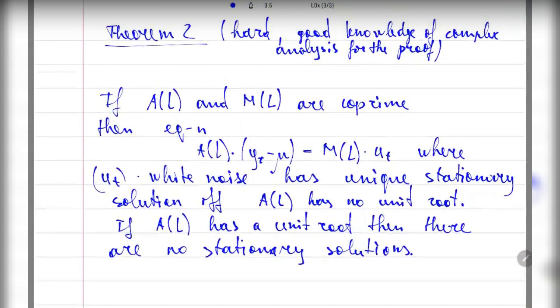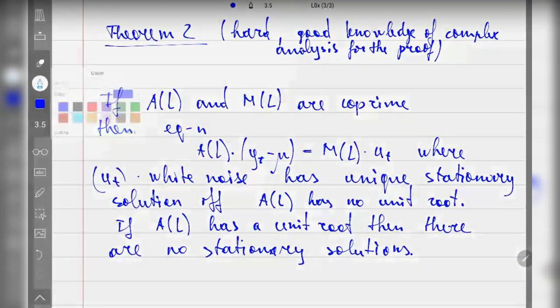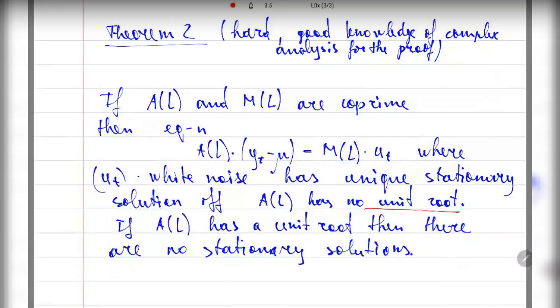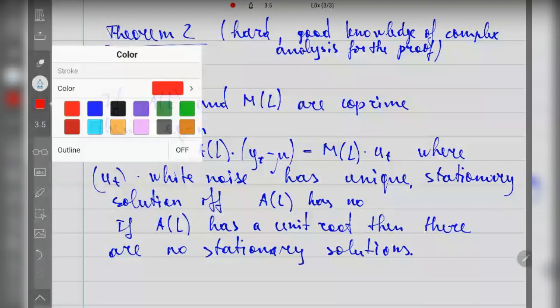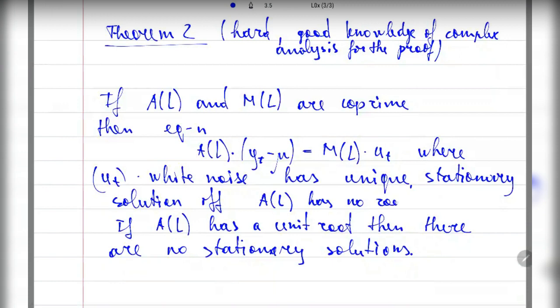What is a unit root? Maybe it's better to say, A of L has no roots L with absolute value equal to 1.